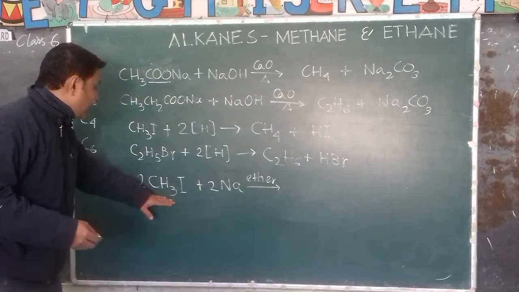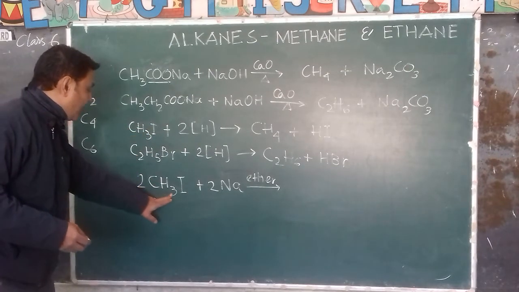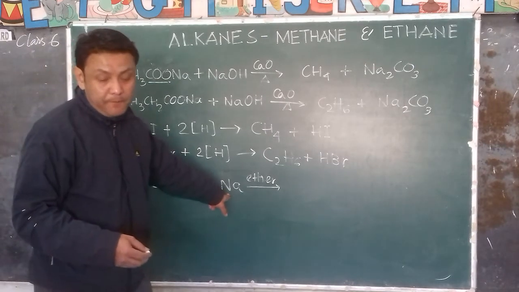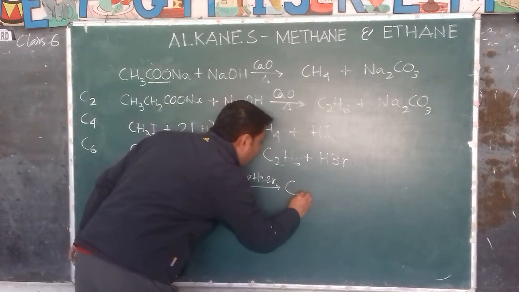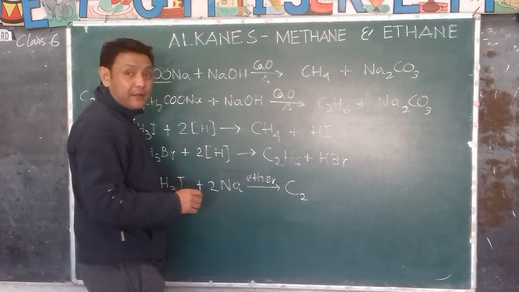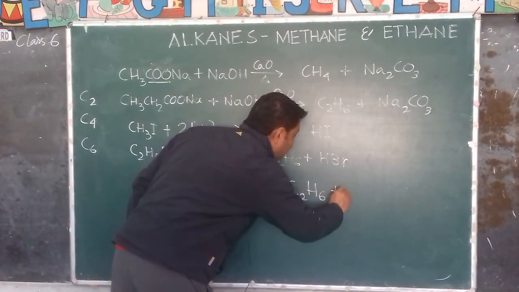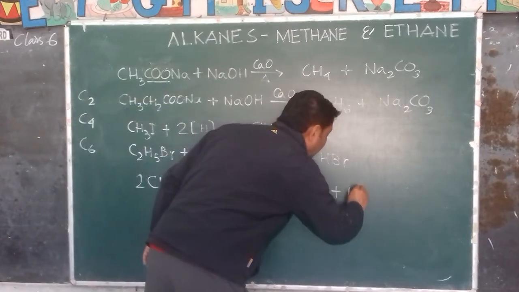So CH3I, methyl iodide, plus sodium. So what do we get? We get ethane, the first alkane with 2 carbon atoms, C2H6, plus NaI, sodium iodide.